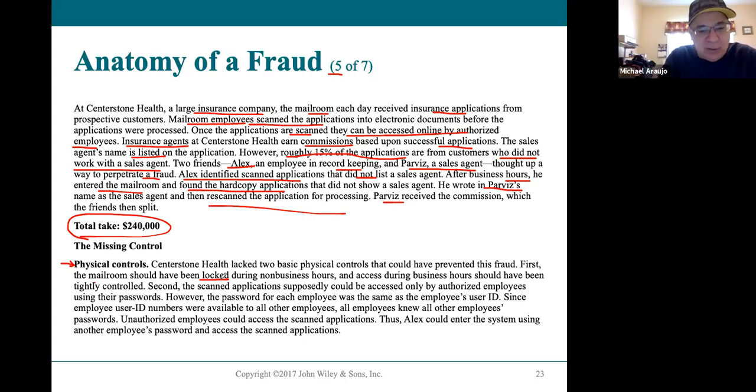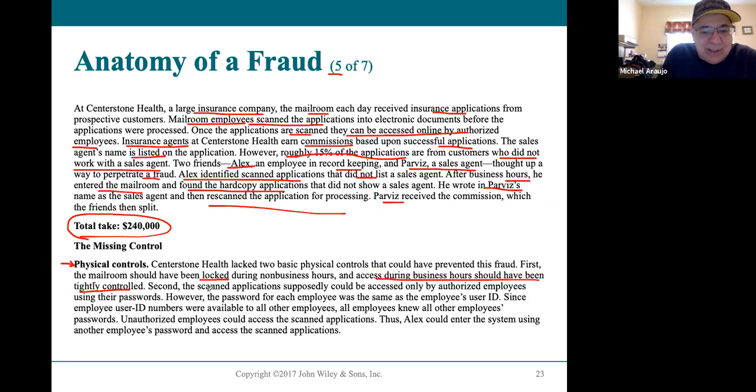Very simple physical control, right? During non-business hours. Access to anything during business hours should be highly controlled. That's why a lot of us now wear tags. We have name tags and scans. We have to scan ourselves into places now. This is an internal control, physical control.